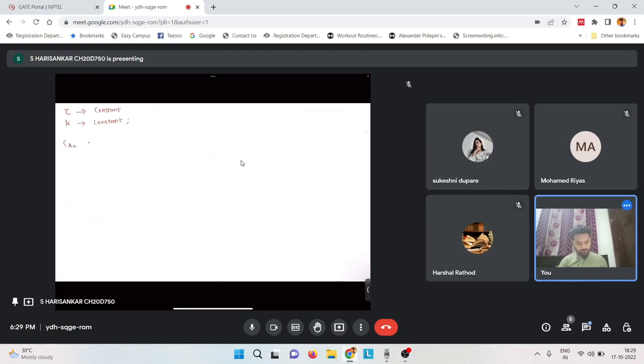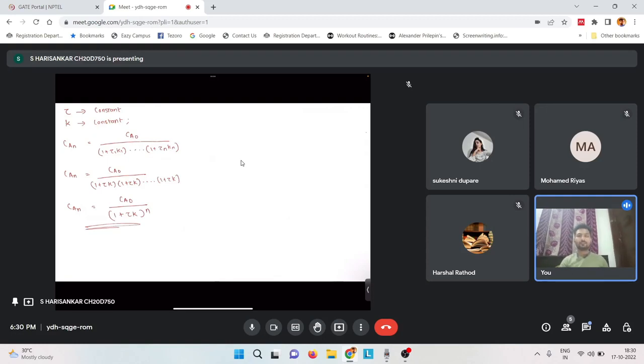Can is equal to Ca0 by 1 plus tau 1 K1 etc. till 1 plus tau n Kn. So when tau and K are constant throughout the CSTR system, then this equation will become Ca0 by 1 plus tau K into 1 plus tau K etc. up to n times 1 plus tau K. Or this Can will be Ca0 by 1 plus tau K the whole raised to n.